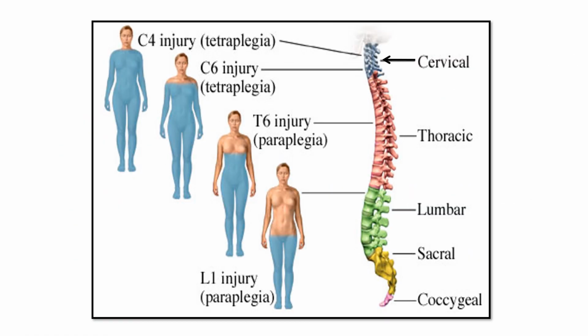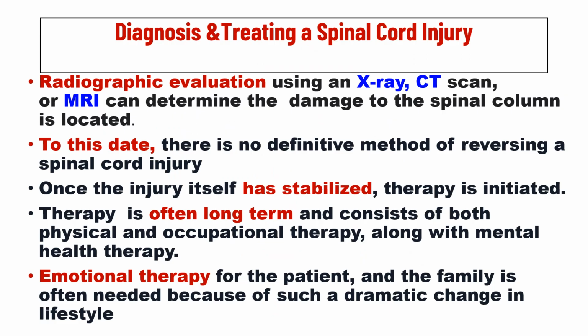So cervical part can lead to tetraplegia at C4 and C6 level. The thoracic part at T6 level or below can lead to paraplegia. Injury at the level of lumbar or sacral or coccygeal can also lead to paraplegia.